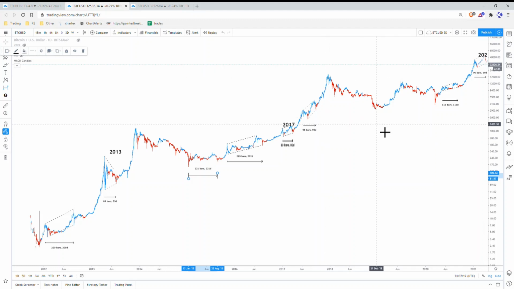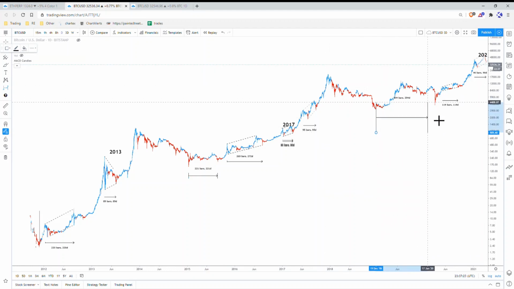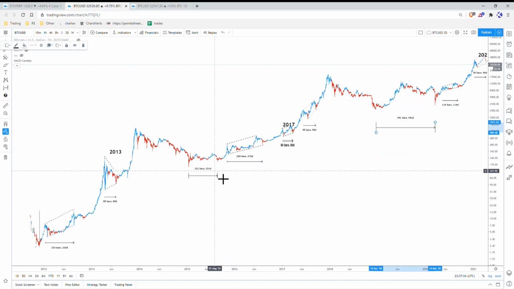Whereas here we had a move down, the bottom was here, and then we had this long accumulation period that ended in capitulation, which was 450 days long. So being that this was 220 days, this was really elongated. It took a lot of time.